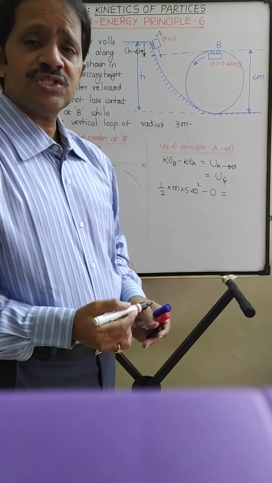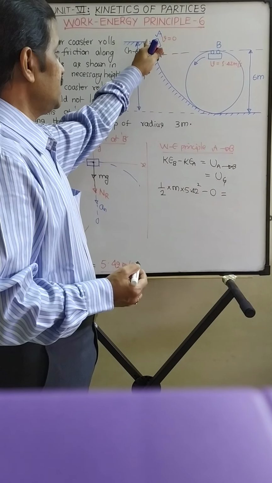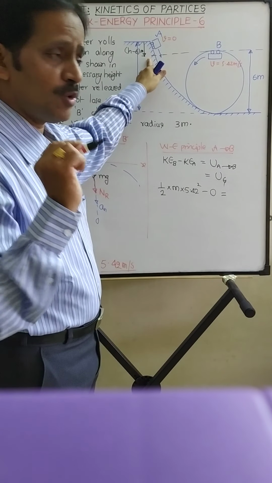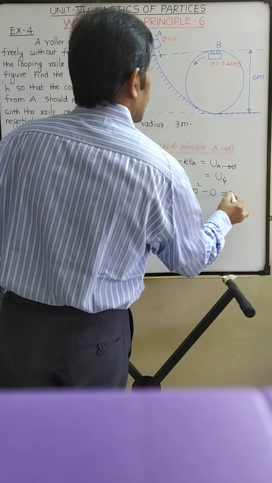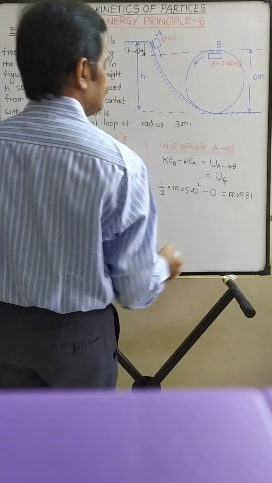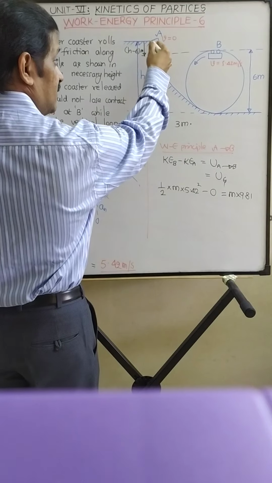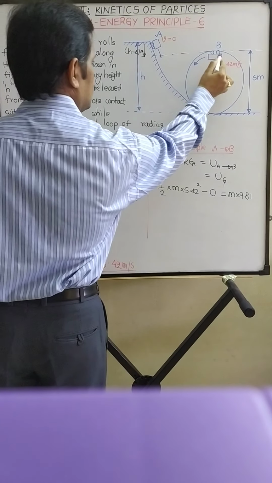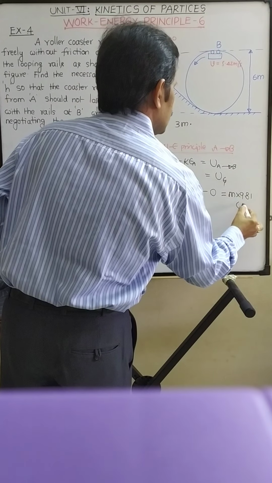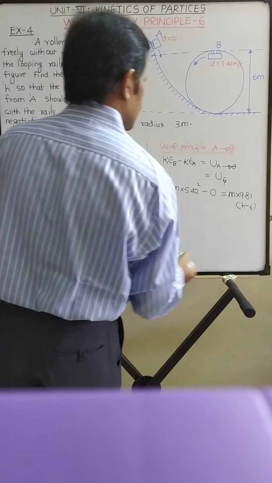Work done by gravity is positive or negative? Here it is having downward displacement, so the work done by gravitational force is positive, plus m into g, which is 9.81, into what is the vertical displacement from A to B, it is h minus 6. So into bracket h minus 6.